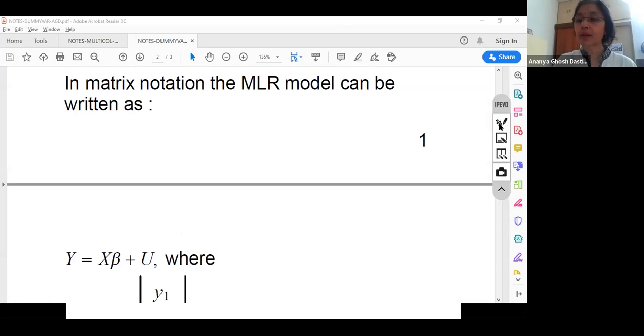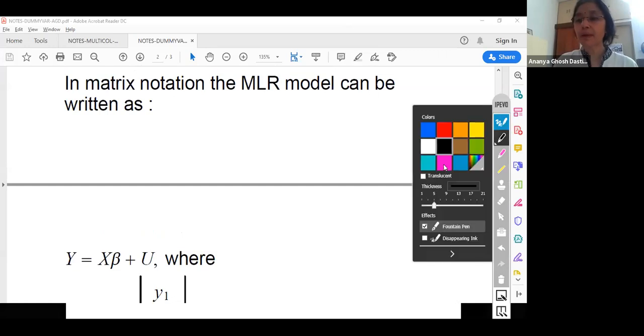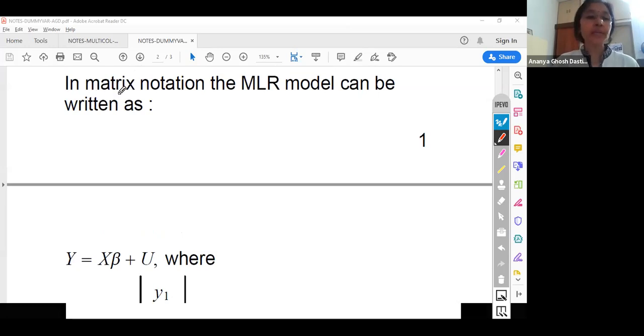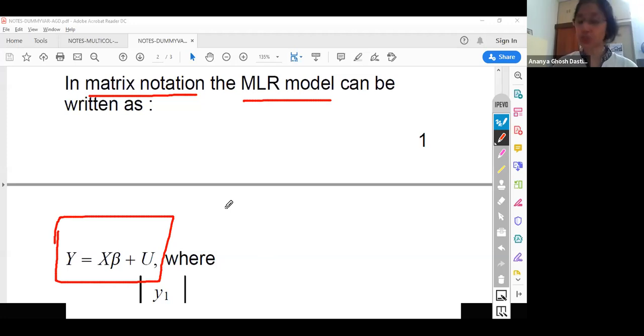In terms of matrices, the multiple linear regression model can be written out as y is equal to x beta plus u.